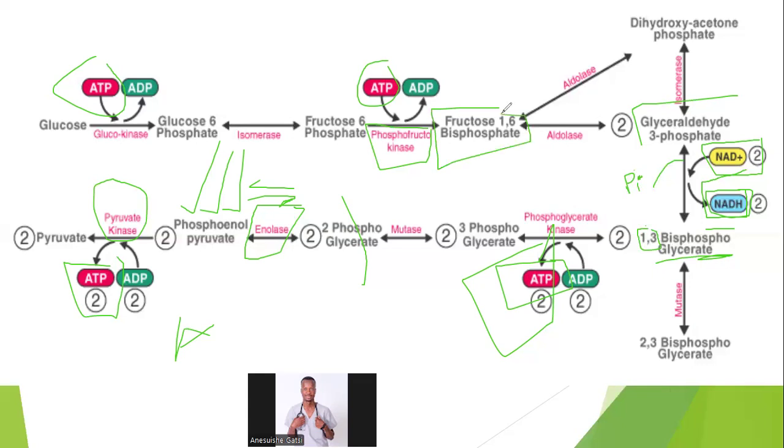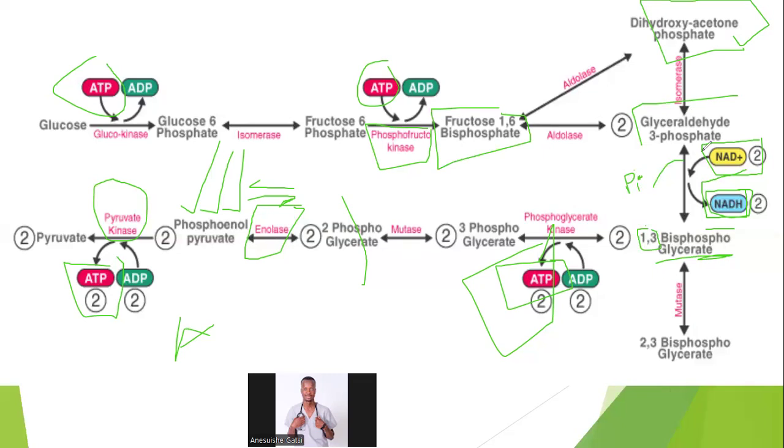From there, we then talked about the aldol reactions, and we formed two molecules, GAP and DHAP. But I said we don't need this DHAP for our final step. We need a GAP. So we're simply going to isomerize this DHAP to form another GAP. Then we end up with two glyceraldehyde 3-phosphates.